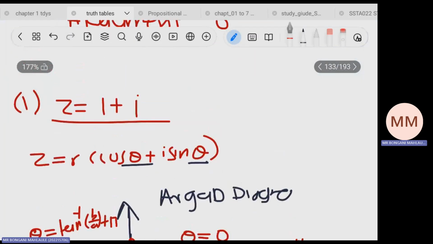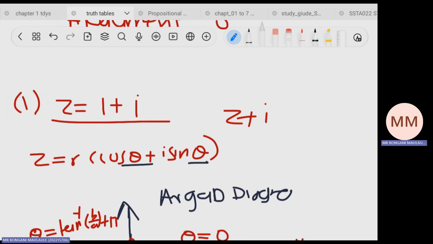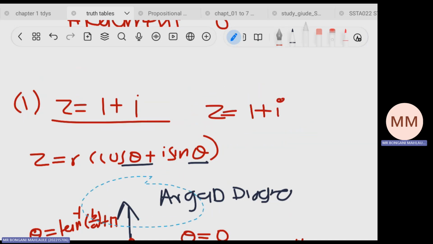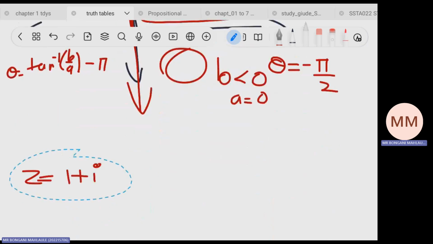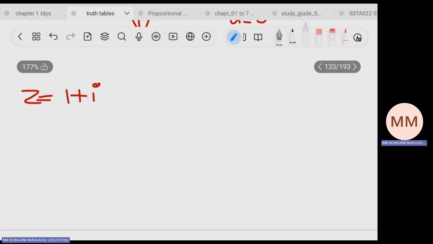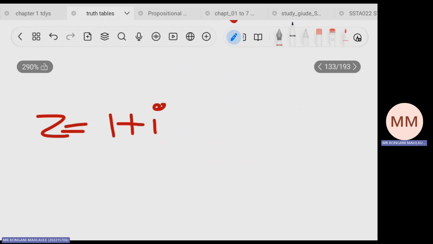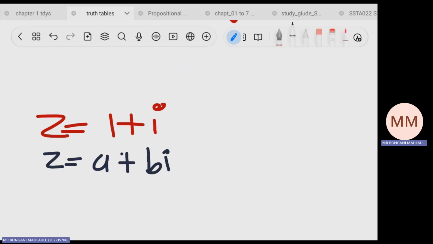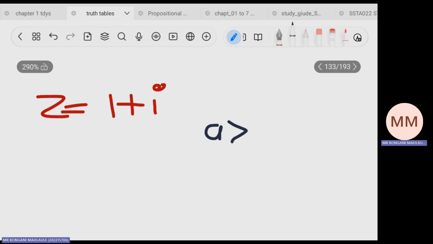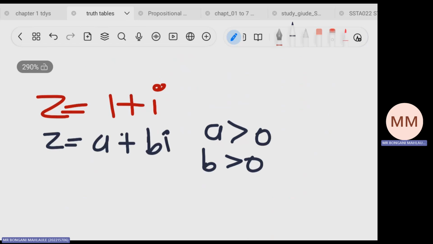We check this one, z equal to 1 plus i. We check what we're going to have as our theta. So let's come here. This is in the form of a plus bi. So you can see a is greater than 0 and also b is greater than 0.